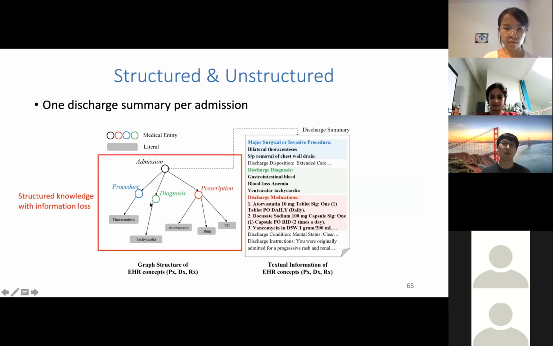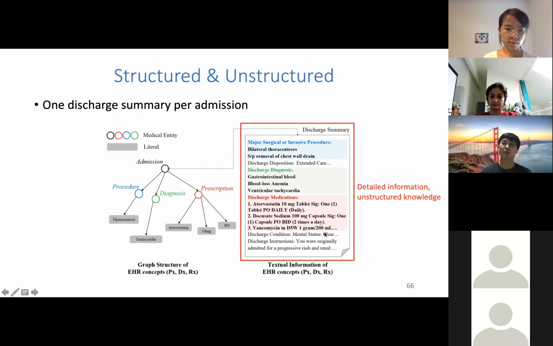This part is structured knowledge with maybe some information loss, because all the fine-grained, granular information will be lost when you convert text into a database tabular form. And this part is unstructured, but it does contain a lot of fine-grained information. So hopefully it is a good idea to use both at the same time, since they have a complementary relationship.